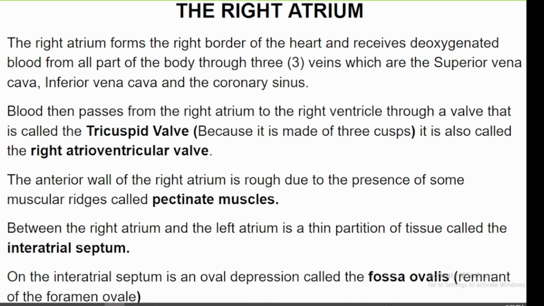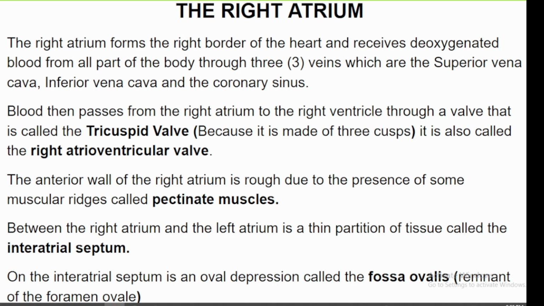All right, so the superior vena cava collects deoxygenated blood from the upper part of the body. So all the parts that are above the heart, your chest and then above to your head, the blood vessel that collects deoxygenated blood into the right atrium is the superior vena cava. Don't forget, superior, above.